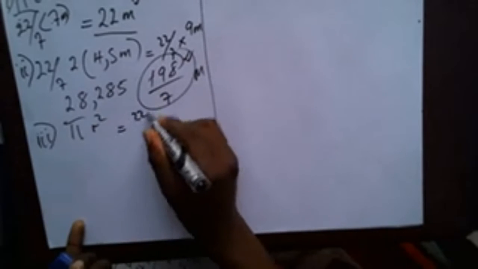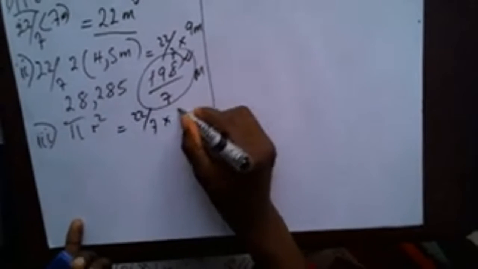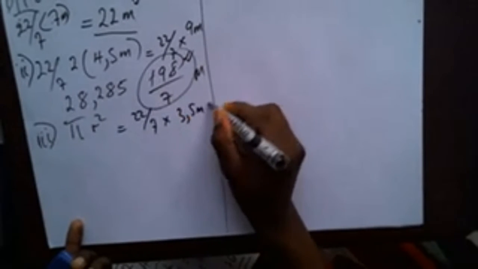So we're saying this is equal to 22 over 7 multiplied by 3.5 meter squared. This is the area to be calculated. So we're saying 22 divided by 7 multiplied by 3.5 squared.